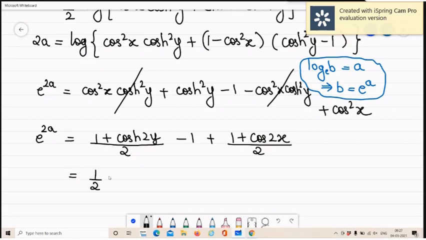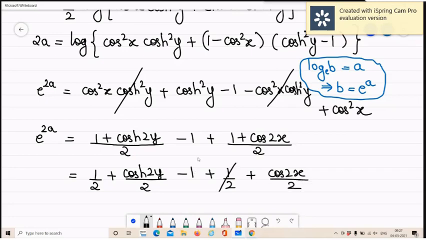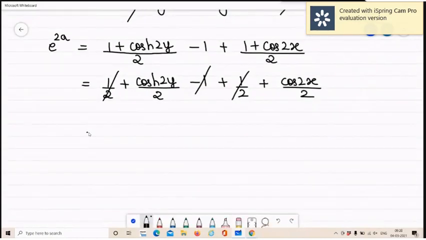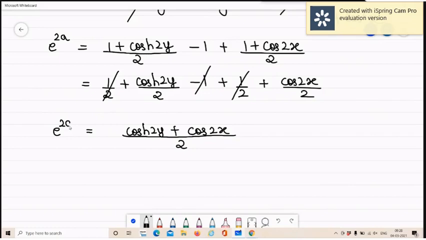So that means it is 1 by 2 plus cosh 2y by 2 minus 1 plus half cos 2x by 2. So half and 1, everything gets cancelled. So we are getting 2 here. That 2 will go that side. So we have got the second part also.